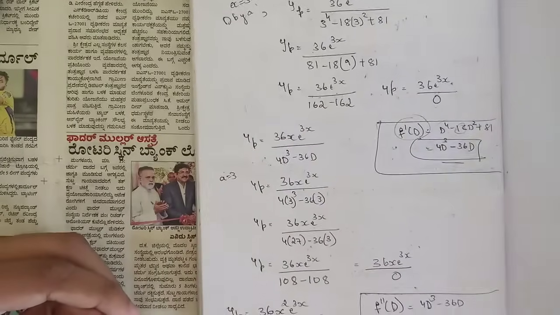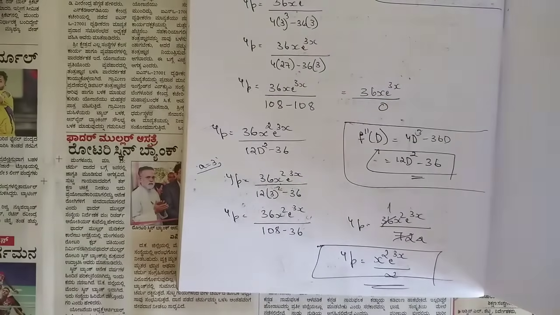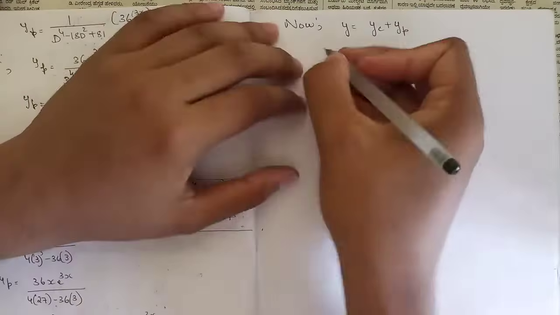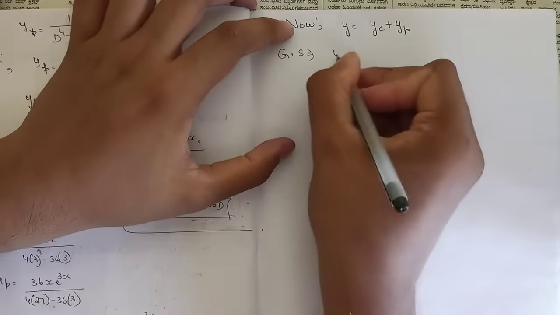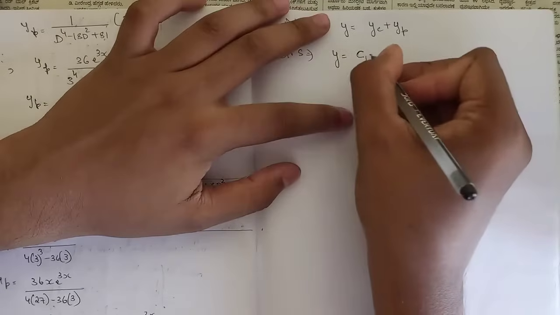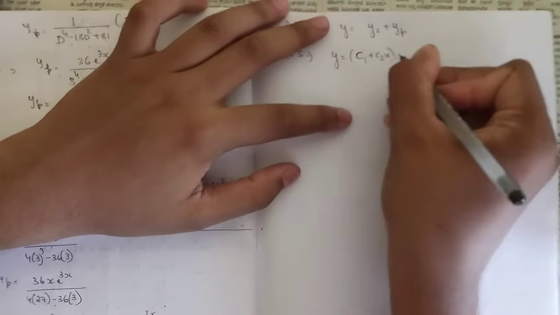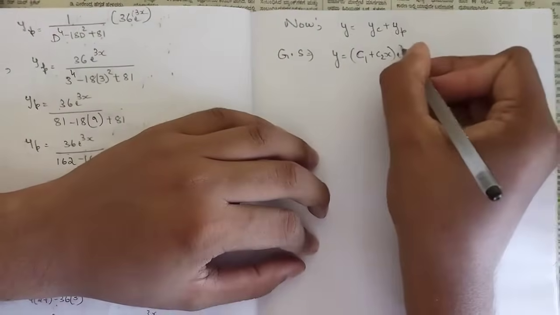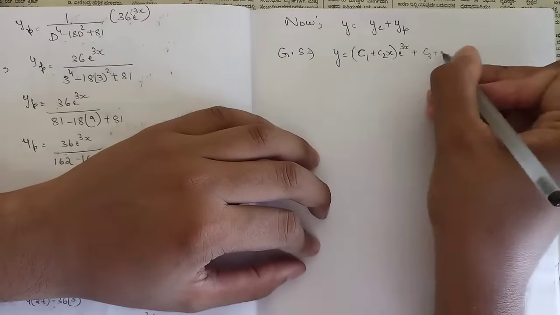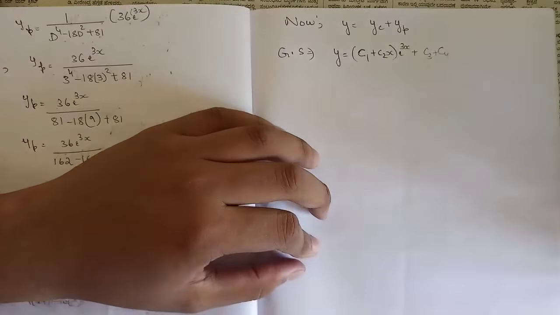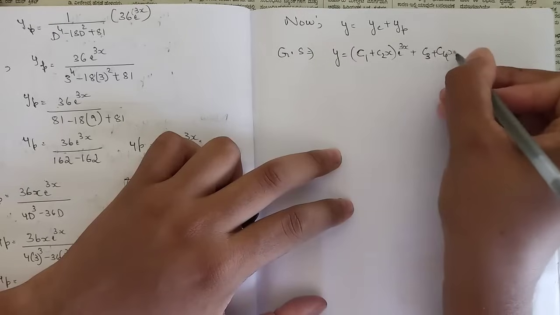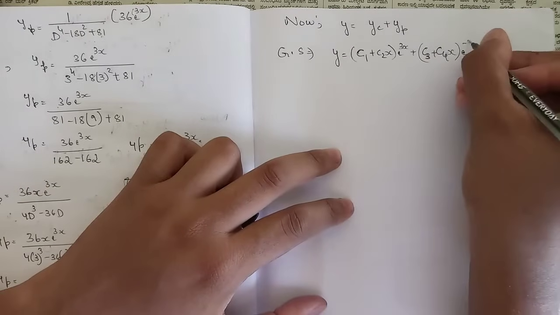Please check all the steps correctly. Now the final step is we need to add yc and yp. The general solution would look like y is equal to yc, which we have got as c1 plus c2x into e to the power 3x plus c3 plus c4x into e to the power minus 3x.